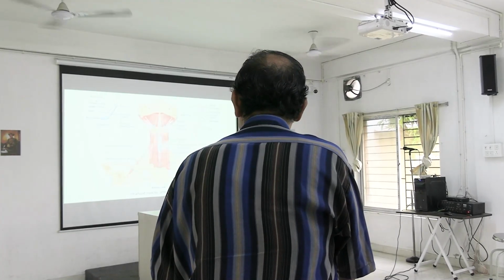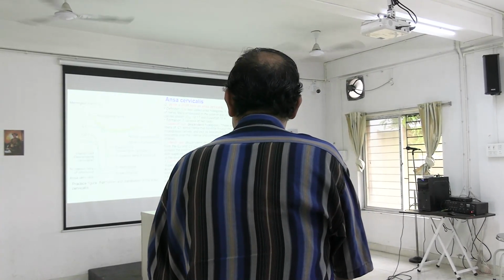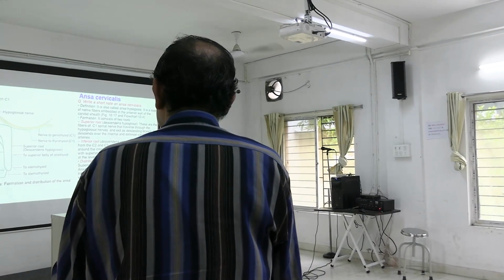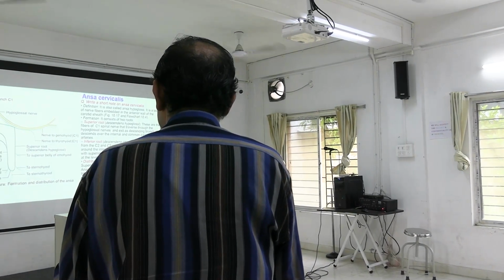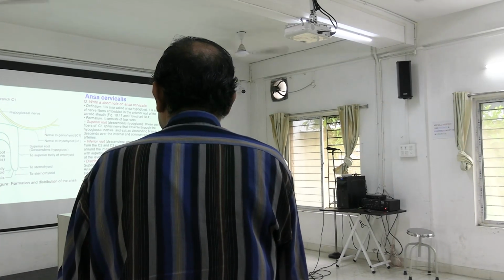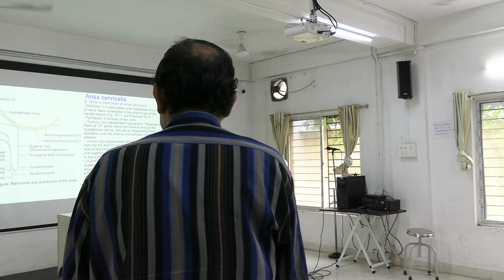In the next slide, you can get the true picture. The green one is coming from the C1 segment of the spinal nerve. C1 nerve is coming down.